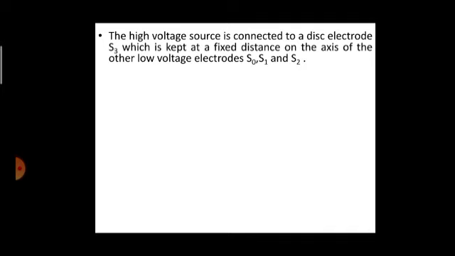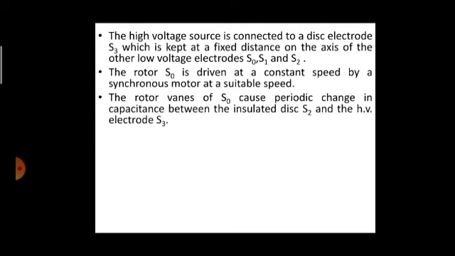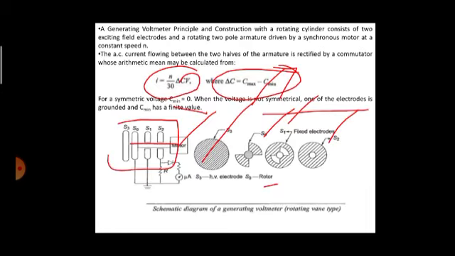Now the rotor vanes of S0 cause periodic changes in the capacitance between the insulated disc S2 and the high voltage electrode S3. We will go back here.